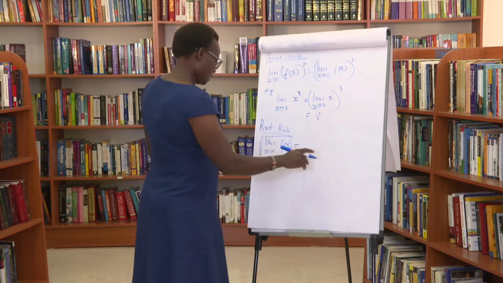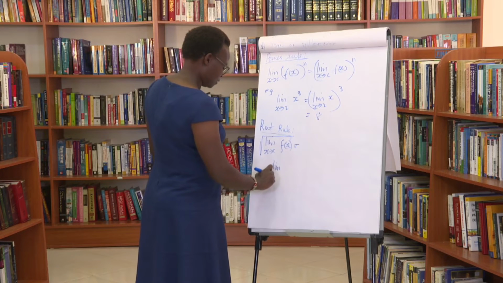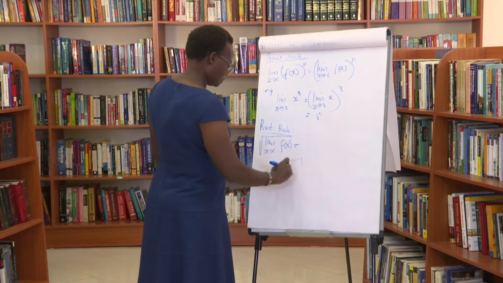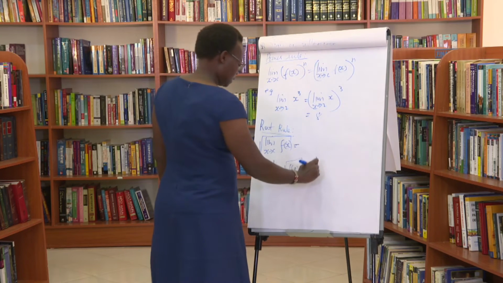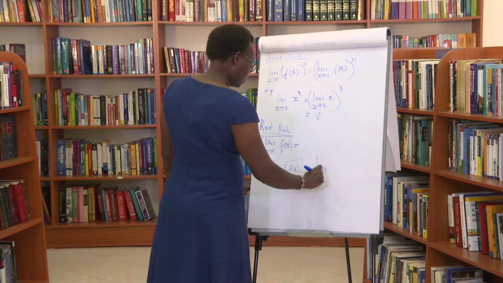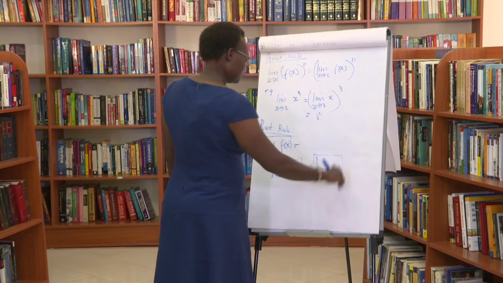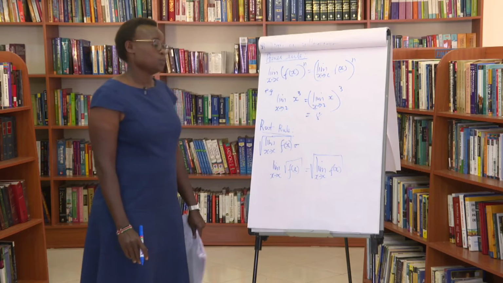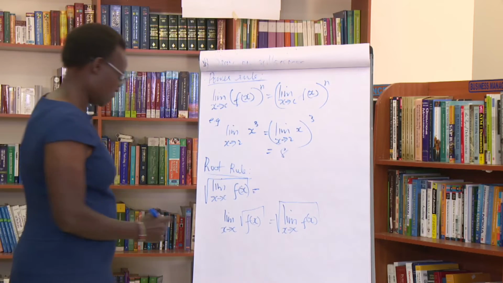What I'm writing now is what I should have written first. So it should be you're given the limit as x tends towards c of the root of your function, and that is the same as getting the limit as x tends towards c of f of x, and then you get the root. So you get the limit first, find the root of the limit.